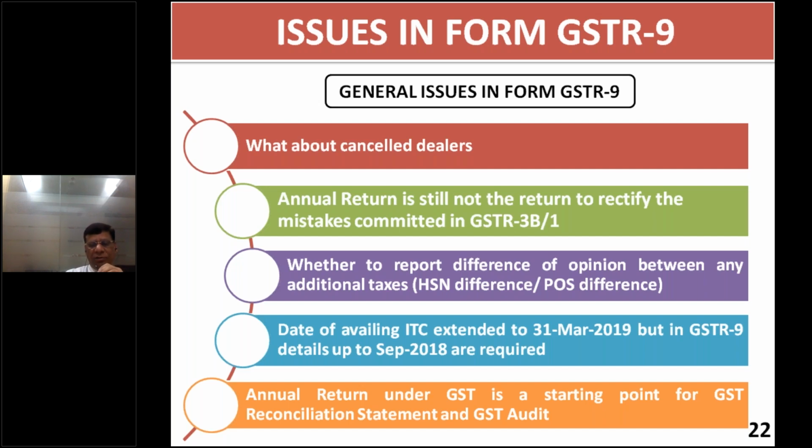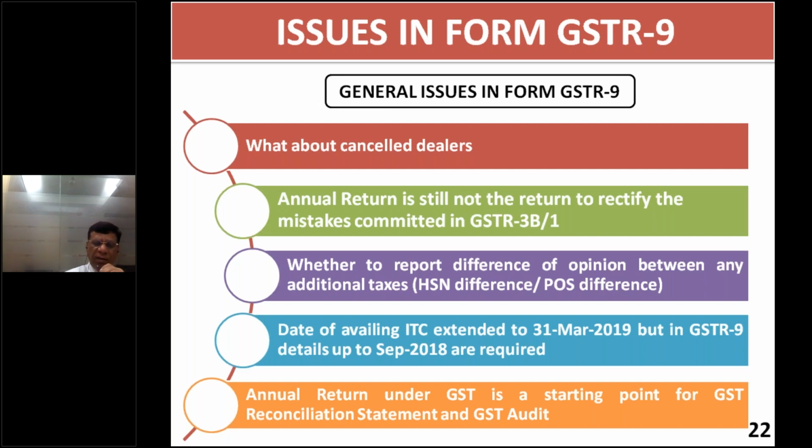A transaction of sale starting from Mumbai to Delhi may be taxable then and there when the goods moved from Mumbai, but until they reach Delhi and the buyer acknowledges the receipt of those goods, it may not be a revenue to a Mumbai party or it may not be an inward supply for a Delhi party.